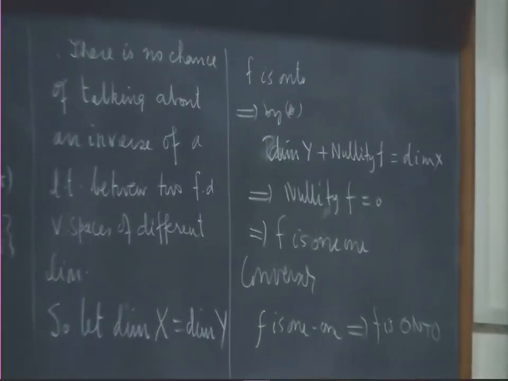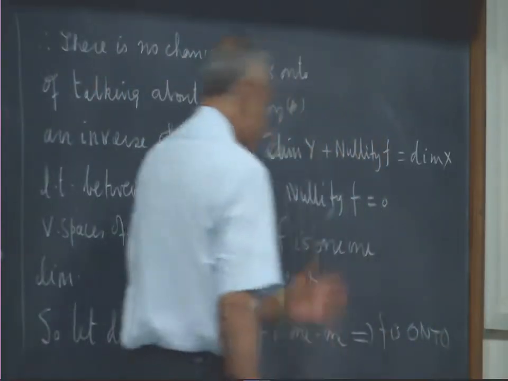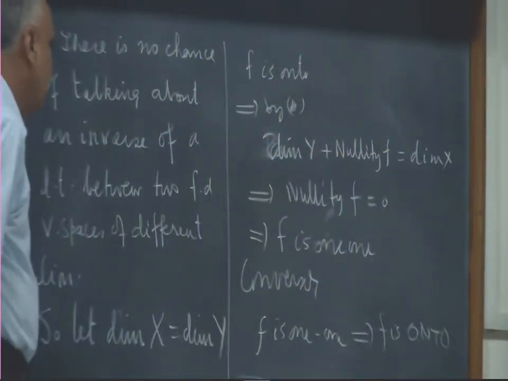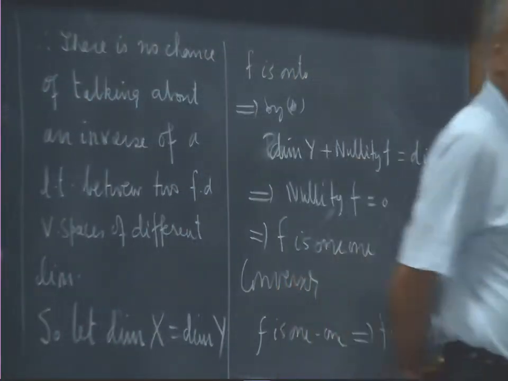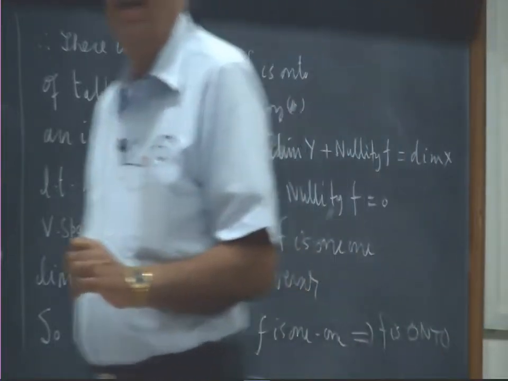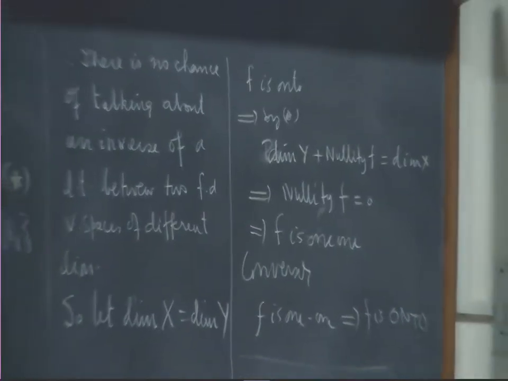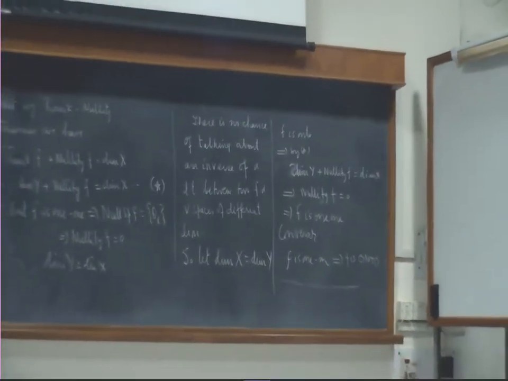The dimension of the range is equal to the dimension of Y, therefore it is onto. So F is onto. Therefore, if we have a linear transformation between two finite dimensional vector spaces of the same dimension, then 1-1 and onto are synonymous. One implies the other.